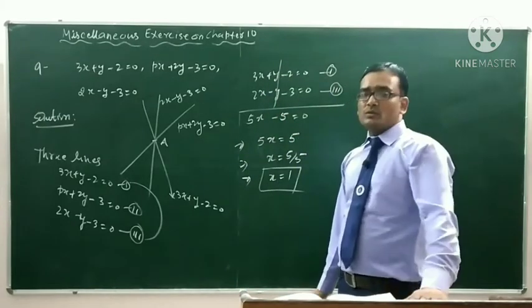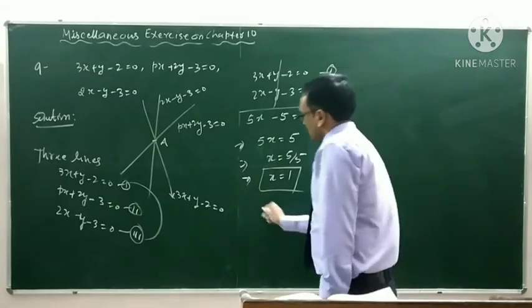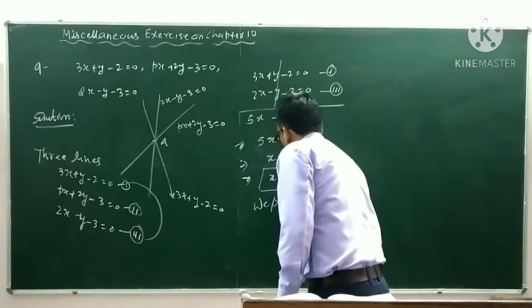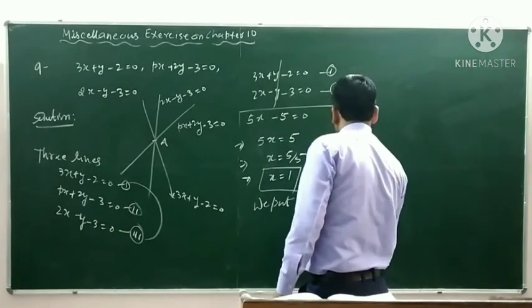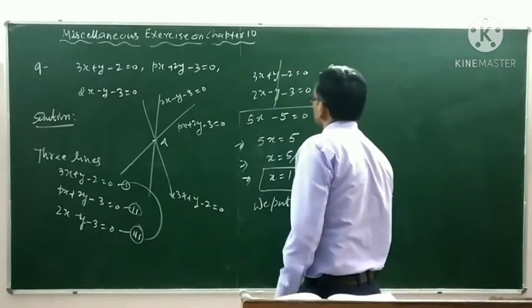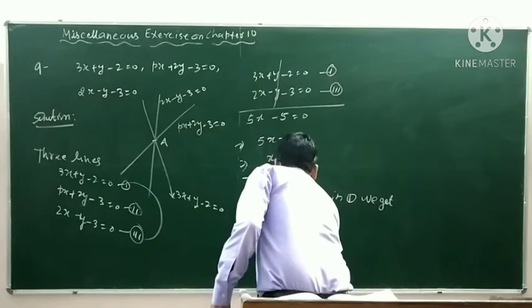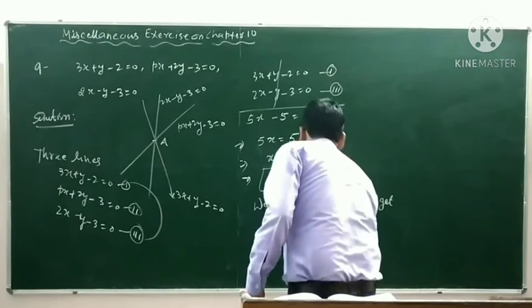x equal to 1. We put x equal to 1 in the first equation, we get 3 multiply 1 plus y minus 2 is equal to 0.